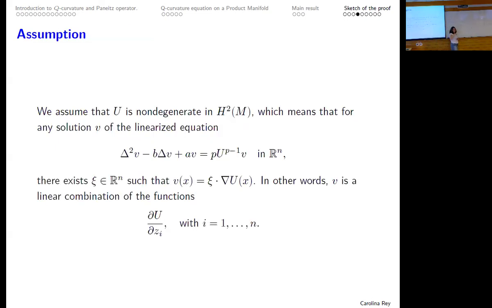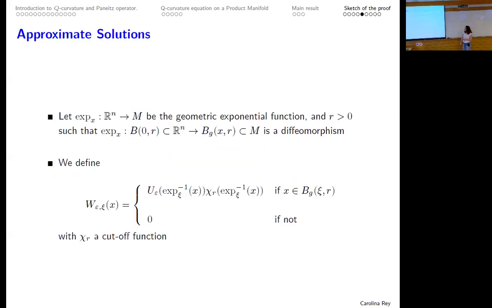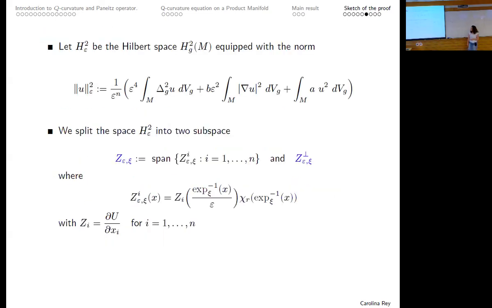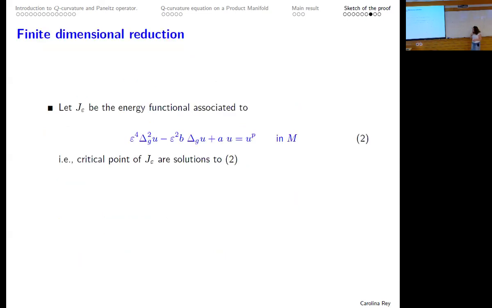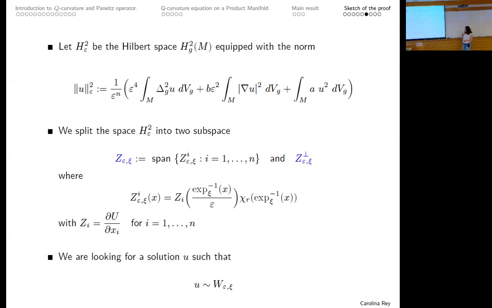So that's why we need that assumption. And the orthogonal complement. So we have a finite dimensional space and another space of infinite dimension. So we are looking for a solution U that is close to our approximate solution. The difference between U and W will live in this space and has to be not very small.